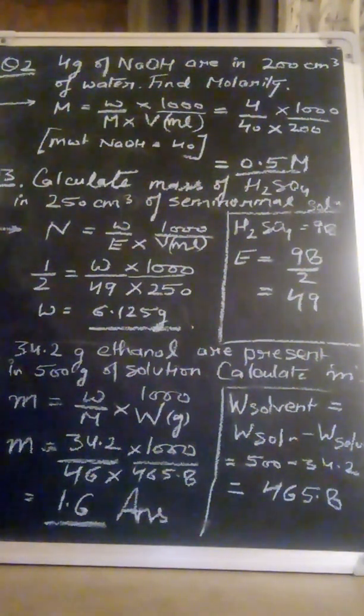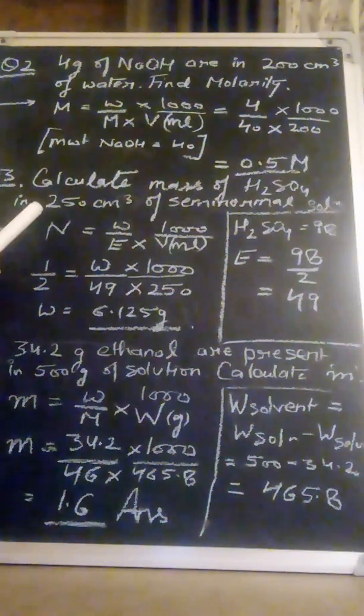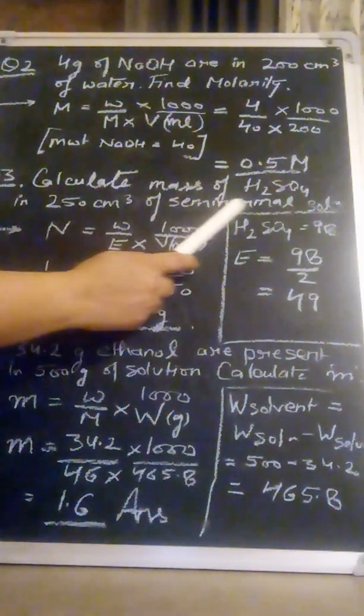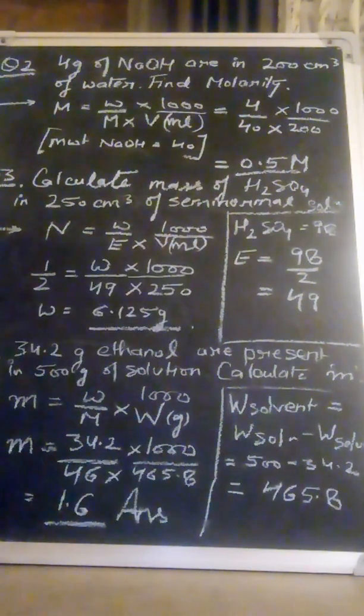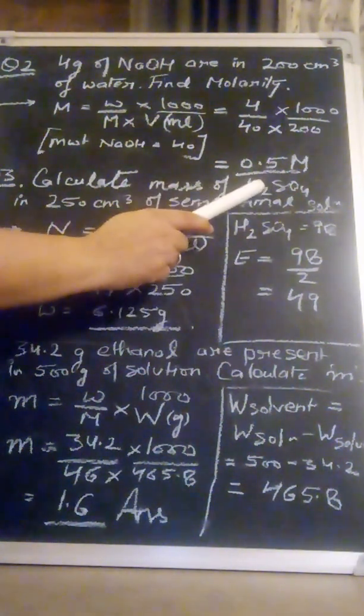See the third question, of normality. The question is: calculate the mass of H2SO4 in 250 centimeter cube of semi-normal solution. So this time they are asking the mass of the solute. What is the solute here? H2SO4.